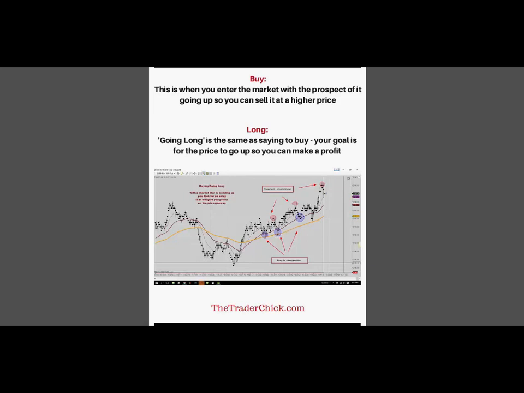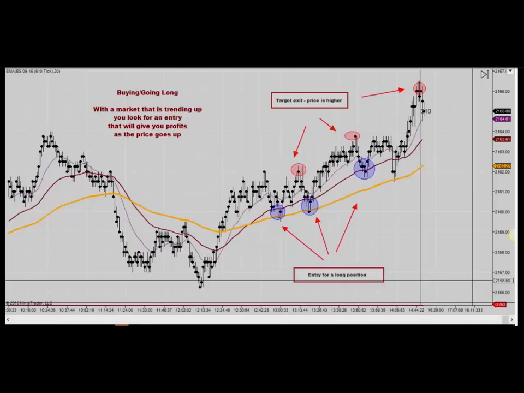Going long means that you are going for the uptrend, that you're entering at a certain spot and you want your price to be higher than the area that you entered. So for instance, if you enter here, whether you're buying or going long, either one is identical, your profit is higher than when you entered. Enter here, I'm buying long right here, enter there, I'm going long, exit there.